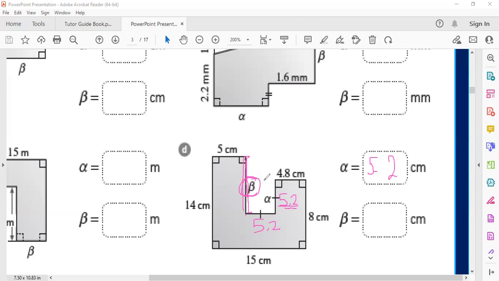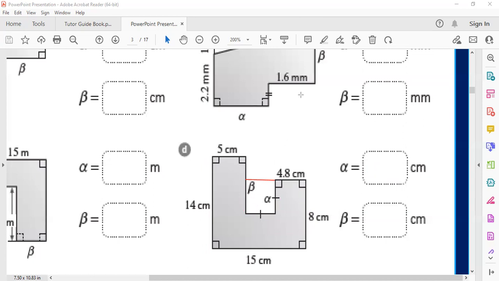How long is this? I got all the other sides, you know, pretty much. This is 5, this is 4.8, this is 5.2. But this is 8. This is 14. Okay? All right, this is 14 and this is 8. Obviously, there is a distance here. If I want to draw it, I clear the drawing. You see carefully how I draw. Maybe you get some clues here. I draw this.